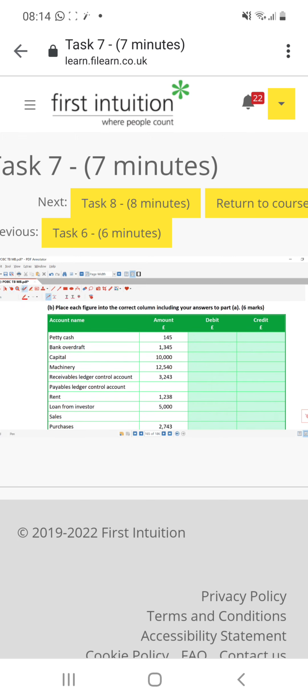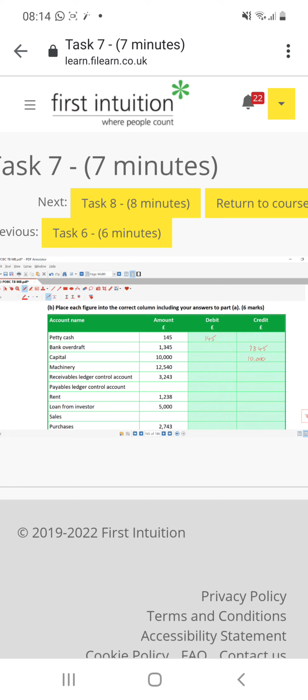So will be 145. And bank overdraft, so that's a liability, so it'll be on the credit side. So it'll be 1345. Capital is always part of the credit itself, will always be on the credit side, so that 10,000 will be just here.